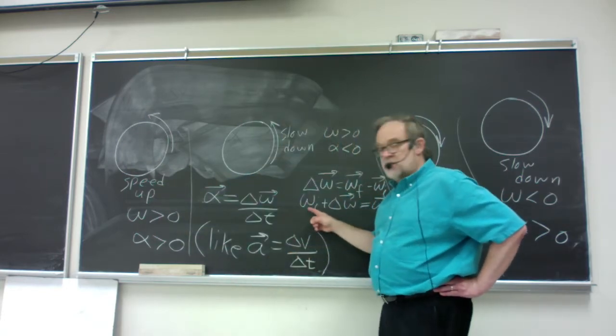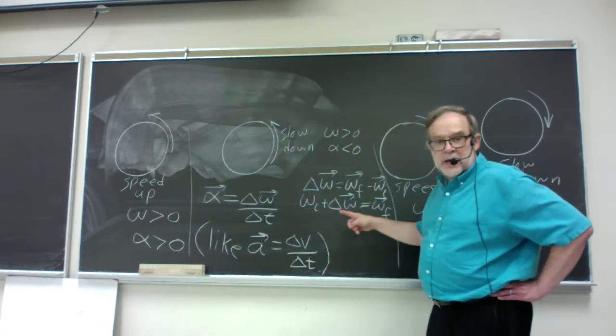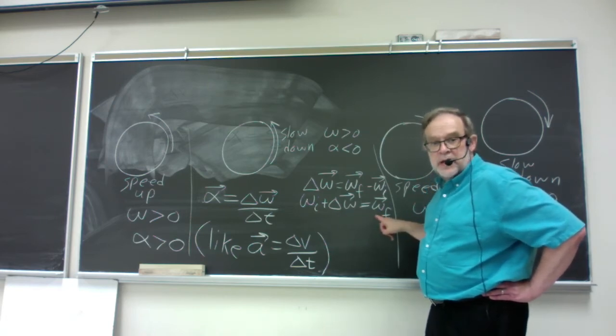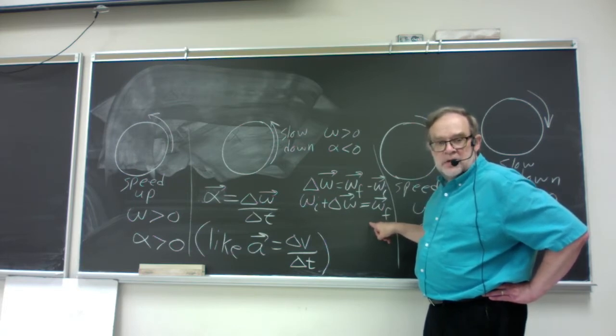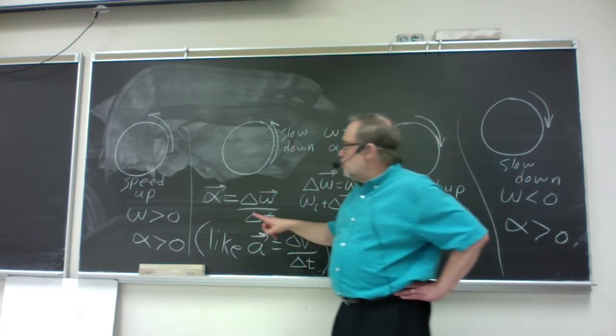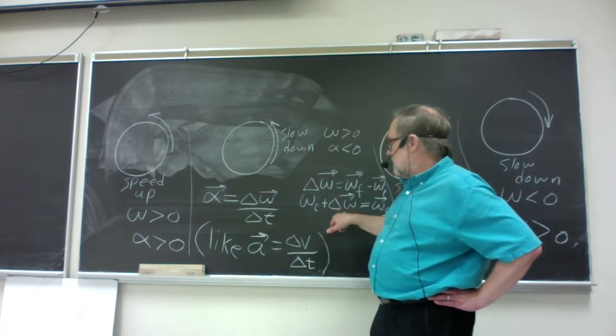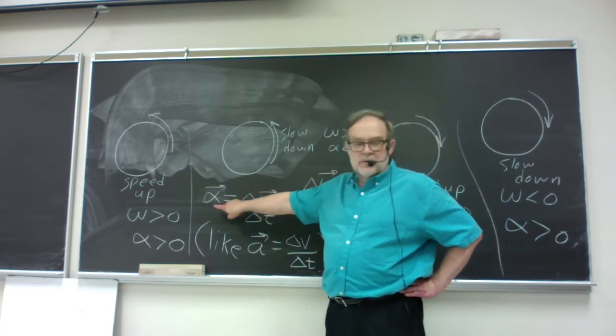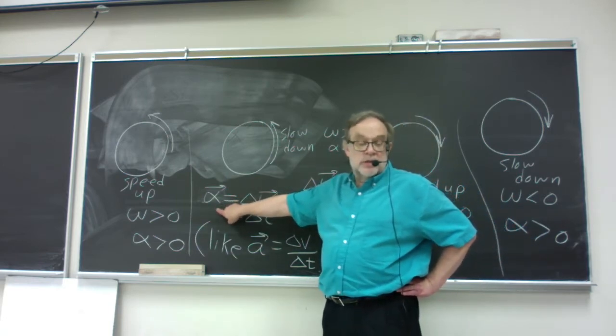The angular velocity is already positive, and you add some more positive angular velocity to it, you get a bigger, stronger, faster positive angular velocity. So you're adding positive angular velocity. Delta omega is positive, which means the angular acceleration is positive.